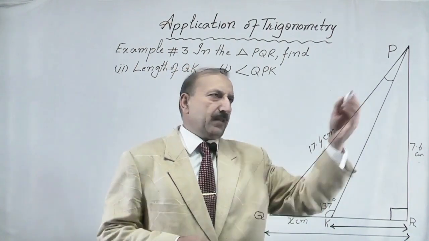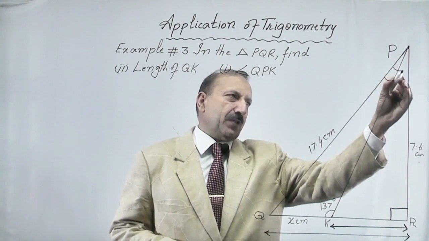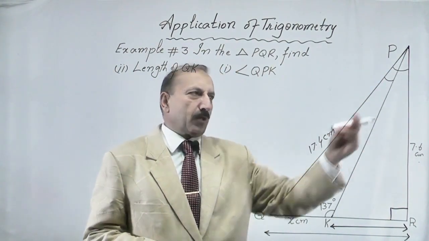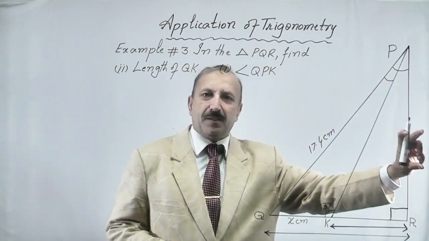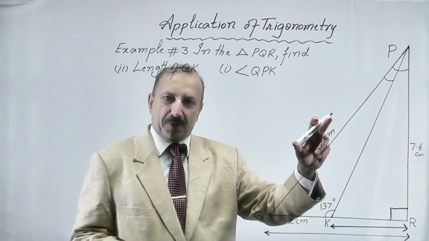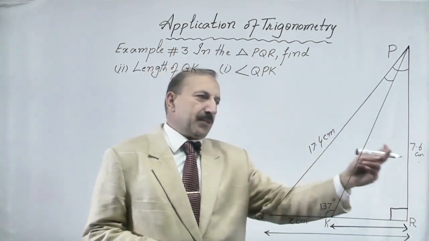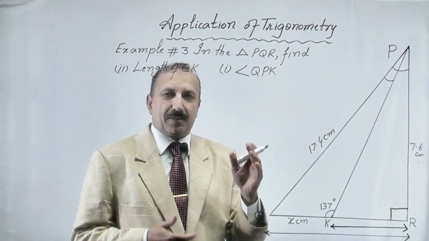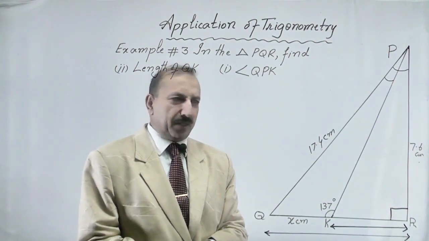If I want to find this angle first, according to this angle, this is adjacent and this is hypotenuse. So adjacent and hypotenuse tells us that there is trigonometric ratio of cosine.